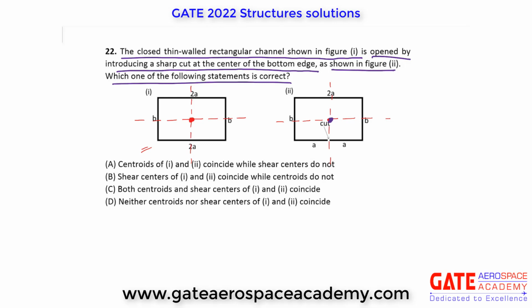And moreover, in the lecture, we studied this type of open section for which shear center was somewhat here, correct, and not at the centroid position. So it lies outside the body, right? So it is not going to be at this point where centroid lies. Now in option A, centroid of 1 and 2 coincide while shear centers do not. So this is the correct option.